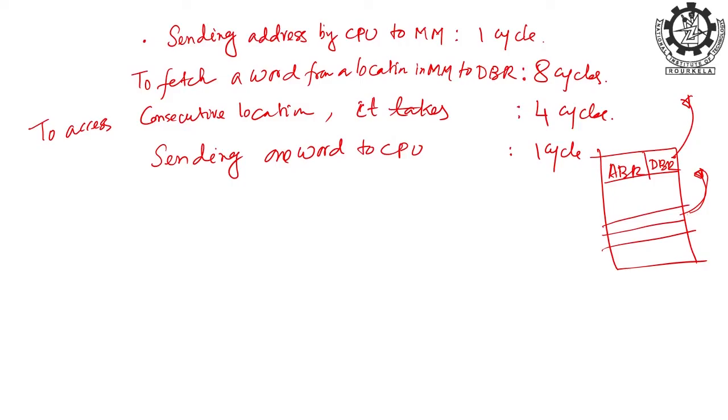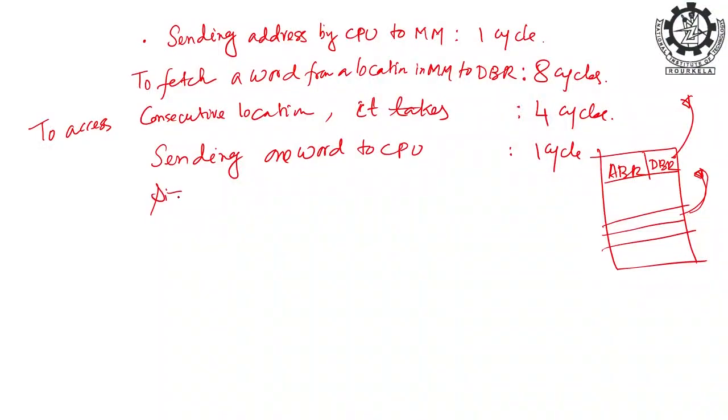Now, we want to transfer data from memory module to cache memory, 1 block, and 1 block is equivalent to 8 words. So, size of 1 block is 8 words.